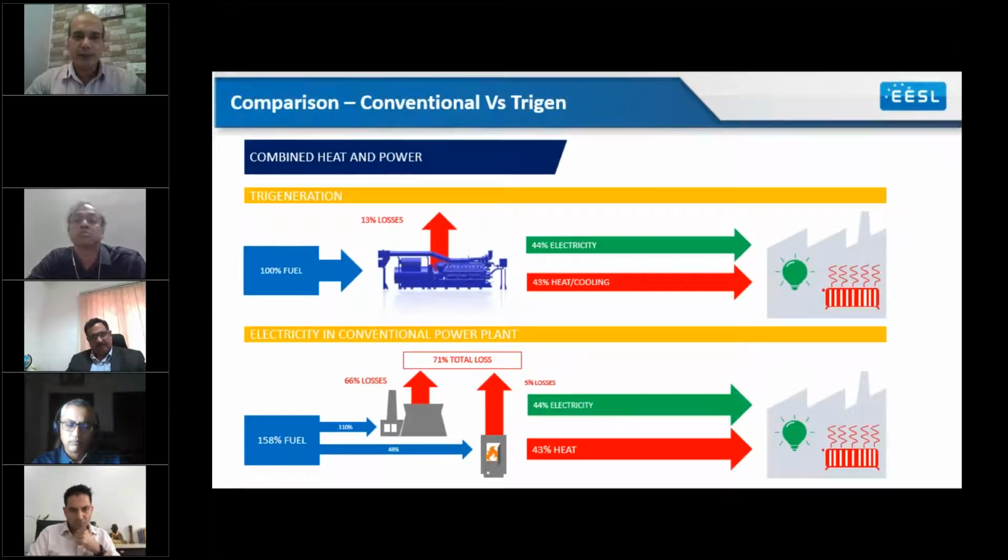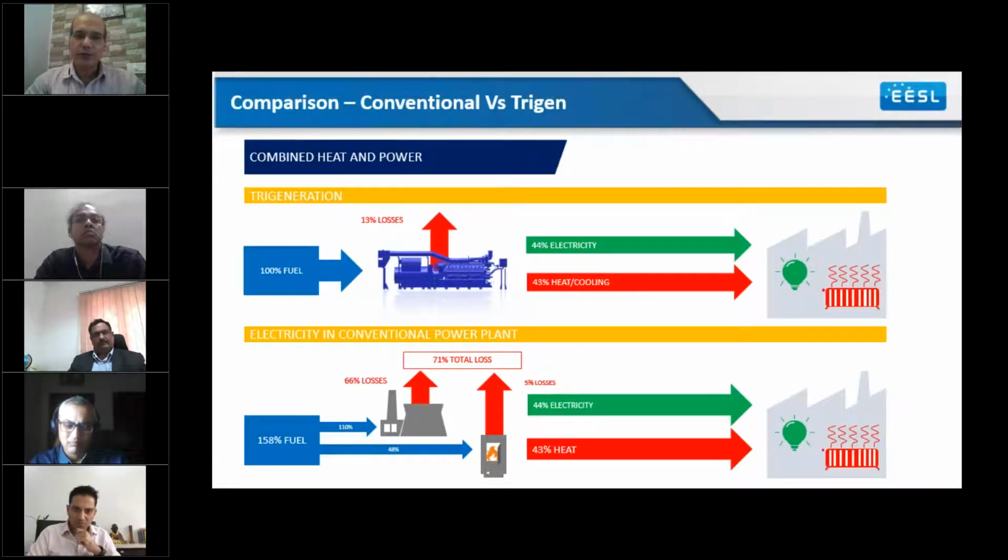Let us compare tri-generation with the conventional system. In tri-generation, a single fuel will produce 44% electricity, meaning the electrical efficiency of the gas genset we are using is 44%.